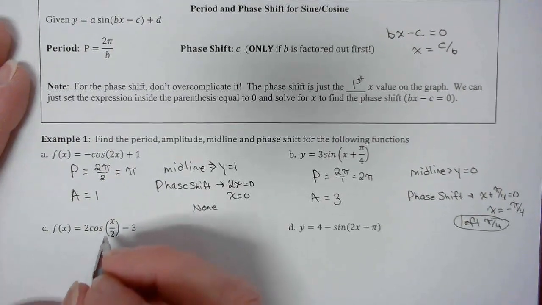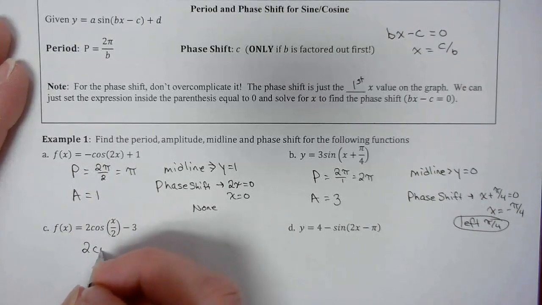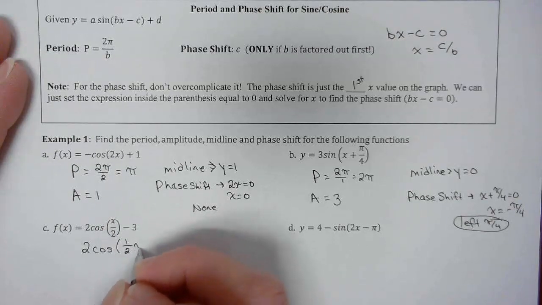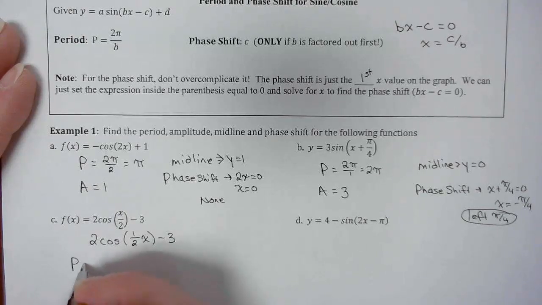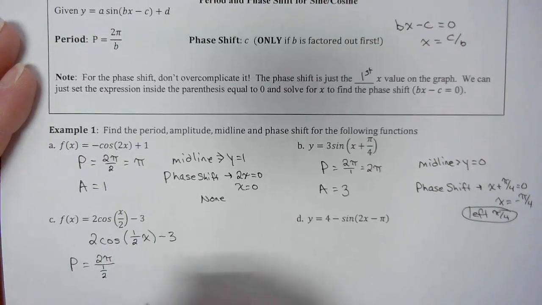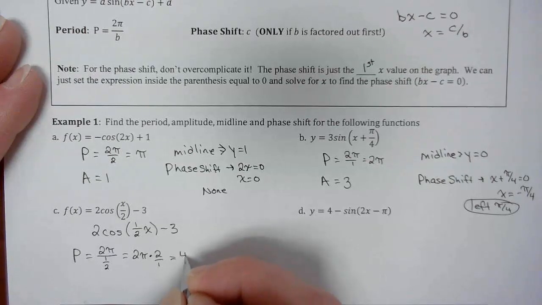What about here? Okay, so let's rewrite that. X over 2 is really 1/2 x minus 3. Okay, so our period would be 2 pi divided by 1/2, that's the same as 2 pi times 2 over 1, which is 4 pi.